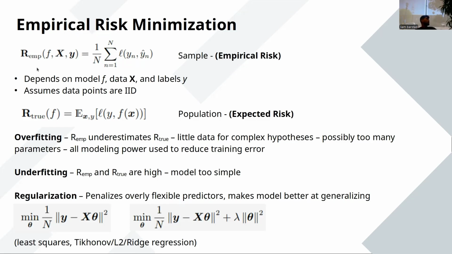But really, we don't actually care about this empirical risk. We want to try and get a model that predicts the expected risk, which is the loss of the population, how well it's going to perform on all data. And that ends up being the expected value of the loss.